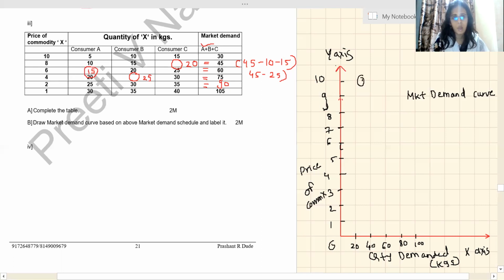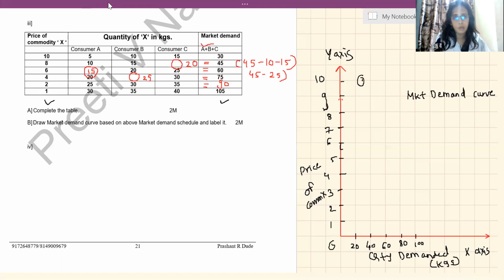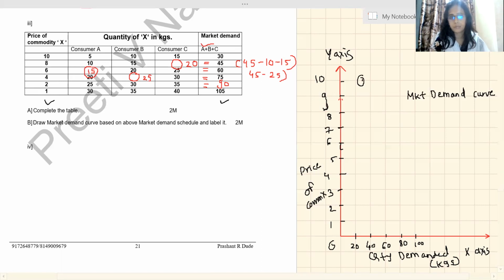Then second, I'm concentrating here and here. Okay, so at price 8 rupees, my demand is 45. It will come like this. Better you take 10, 20, that will be easy for you while drawing.